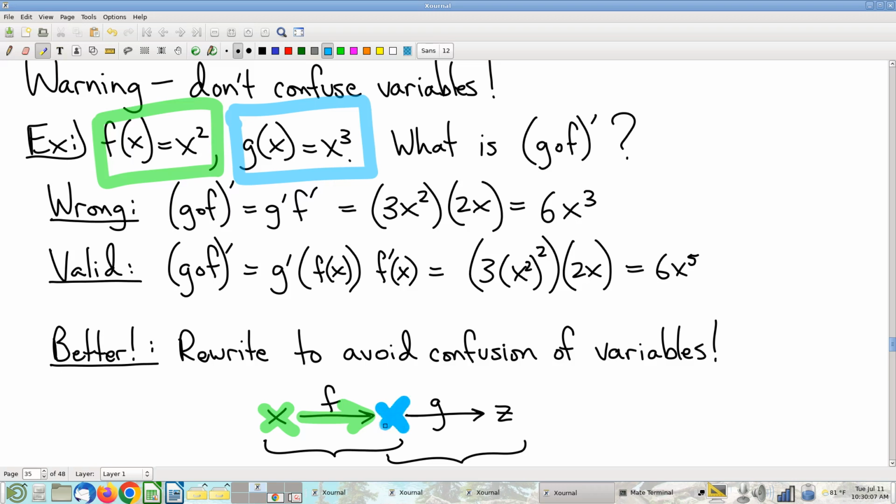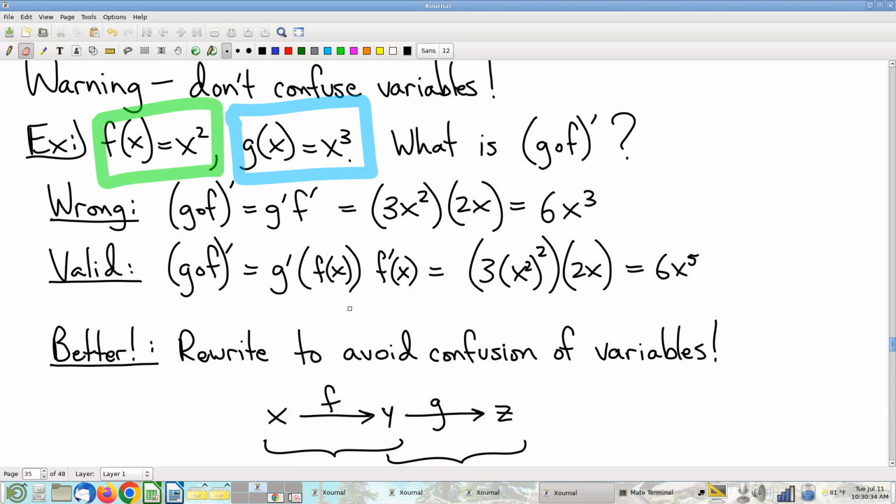That x goes in to G. We'll check it out. That means that x is in two different places. x is the output from F, because it's got to be the input to G. But it's also the input to F because, well, that's how F was written. So, bad, right? Confusion of variables. I say just basically don't ever do that.